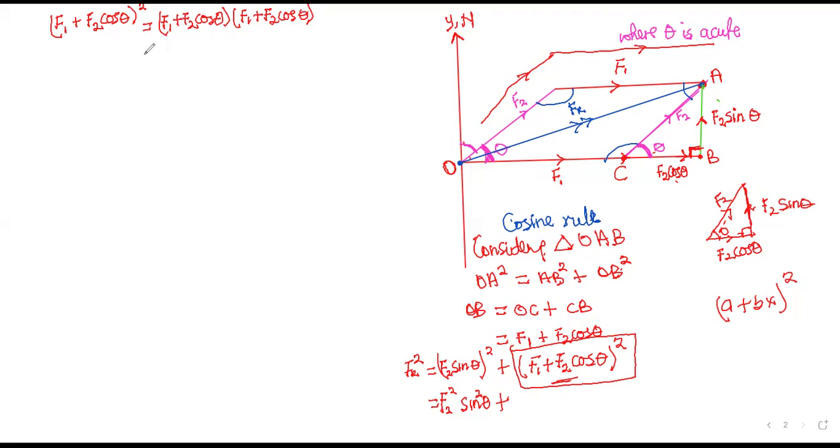F1 times F1 is F1 squared. F1 times F2 cos theta is F1 F2 cos theta, plus F2 cos theta times F1, another F1 F2 cos theta, then F2 cos theta times F2 cos theta, you have F2 cos theta all squared.